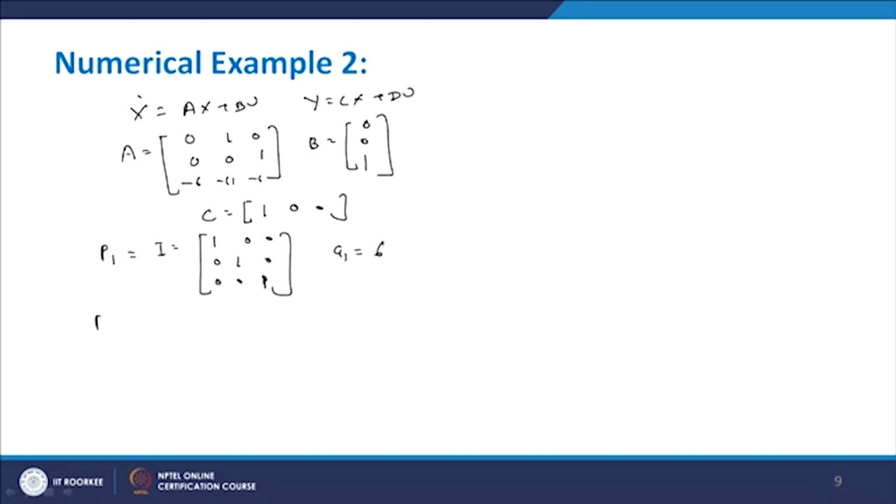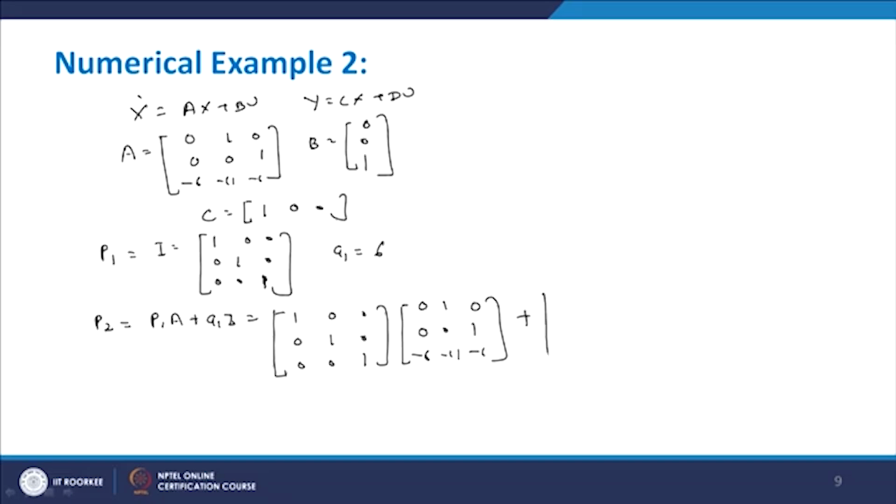Now, to get P2: P2 equals P1 into A plus A1 into I. So we write P1 as the identity matrix, A is [0 1 0; 0 0 1; minus 6 minus 11 minus 6], and A1 we got is 6, so we write [6 0 0; 0 6 0; 0 0 6].